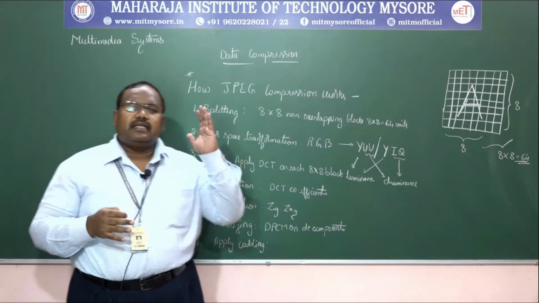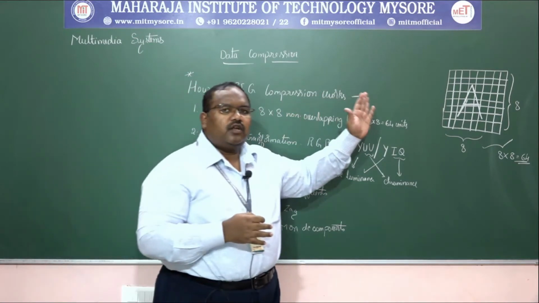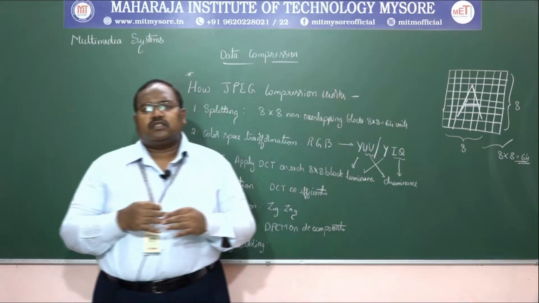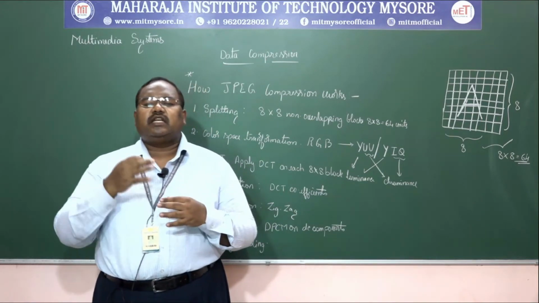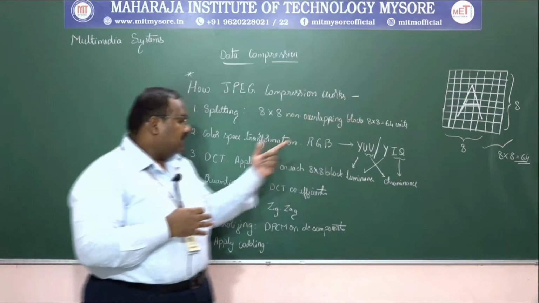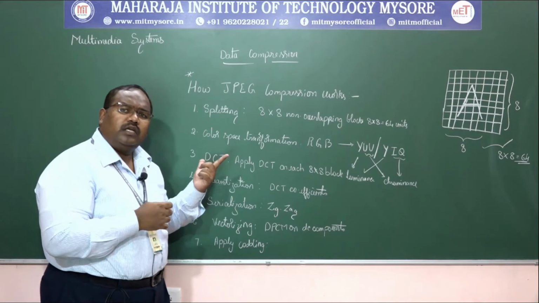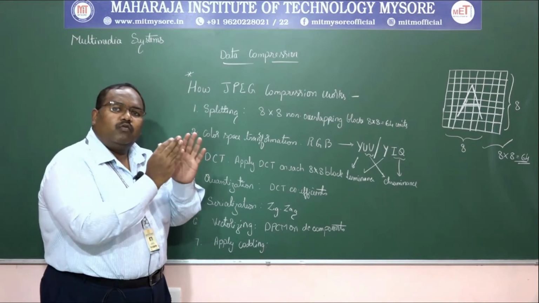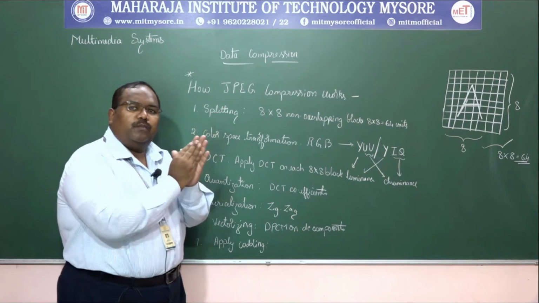Then we apply the DCT, on each 8 cross 8 block. The fourth step is quantization. We quantize the DCT coefficients. The exact loss of information happens here during quantization. What do you mean by quantization? Similar valued data in a particular stream are grouped together.